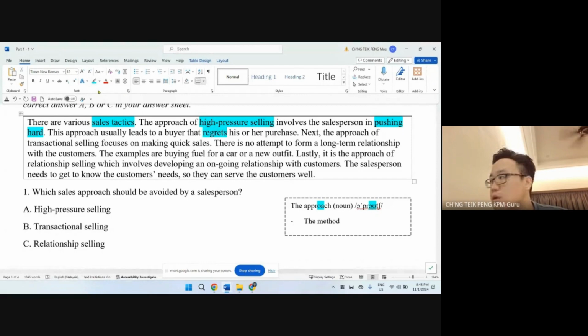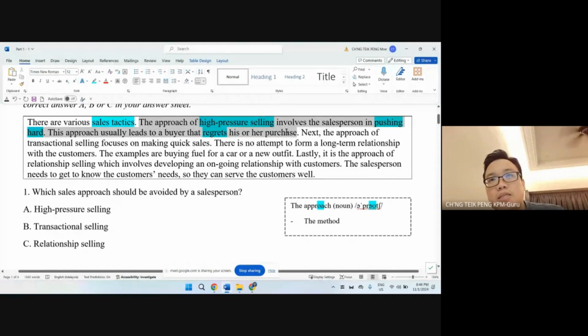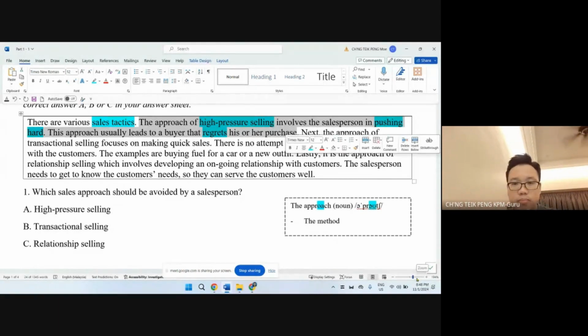Okay, so for example, you go to a shopping mall and you want to buy a new phone, okay, and the shop owner tells you, oh, if you want to buy the phone, you have to buy it today because the promotion will end today.